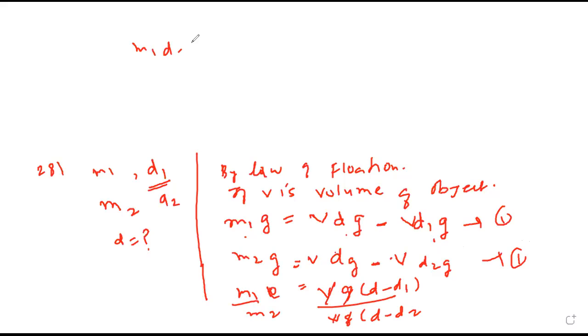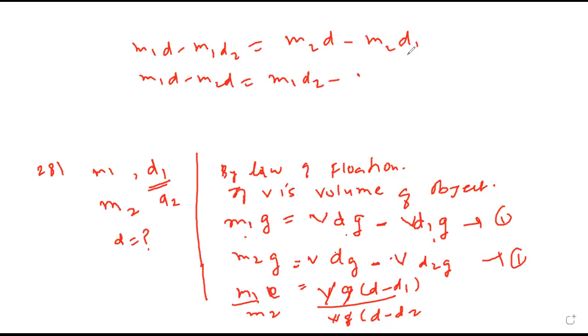So m1d minus m1d2 is m2d minus m2d1. Therefore, m1d minus m2d is m1d2 minus m2d1.